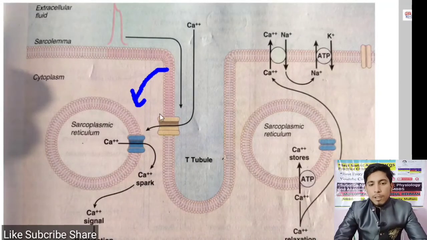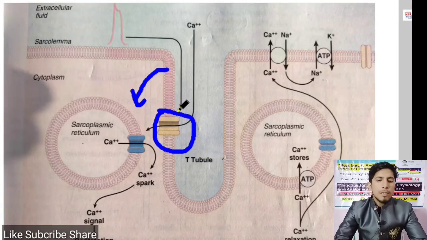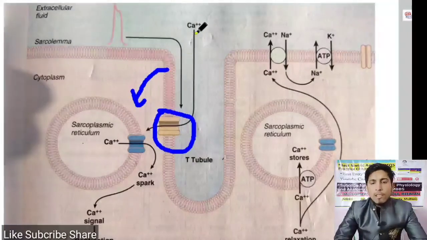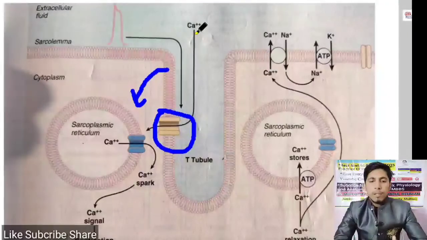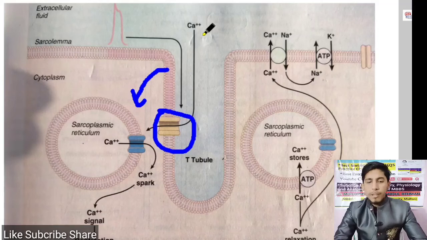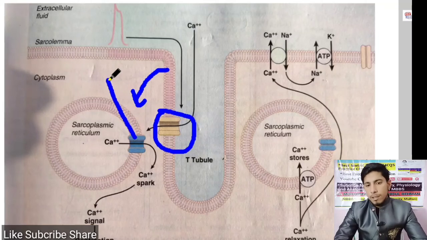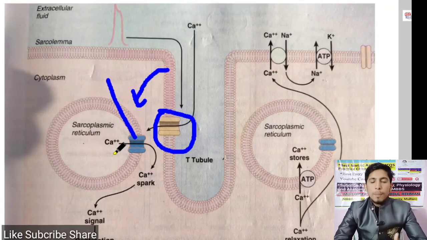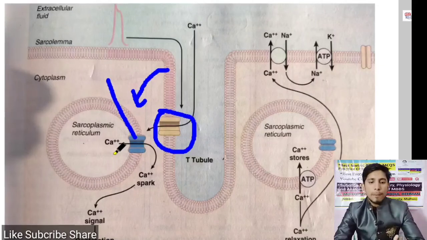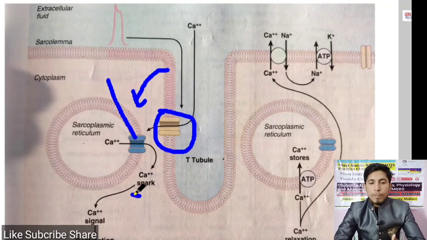It causes the activation of these L-type calcium channels. On activation of these L-type calcium channels, a large amount of calcium that is stored in the extracellular matrix starts moving towards the inside. On going inside, it causes the activation of ryanodine receptor cells. And on activation, a large amount of calcium can pass through the ryanodine receptor cell into the cytoplasm.